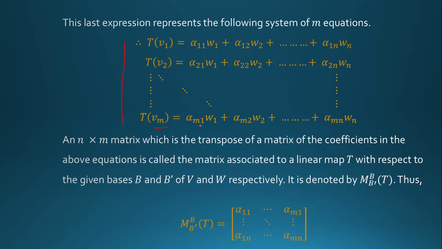Here there are M equations, and we take the n by m matrix as the transpose of the matrix of the coefficients alpha 11, alpha 12, up to alpha 1n, alpha 21, alpha 22, alpha 2n, up to alpha m1, alpha m2, up to alpha mn.